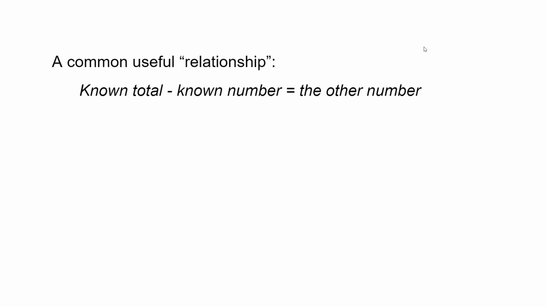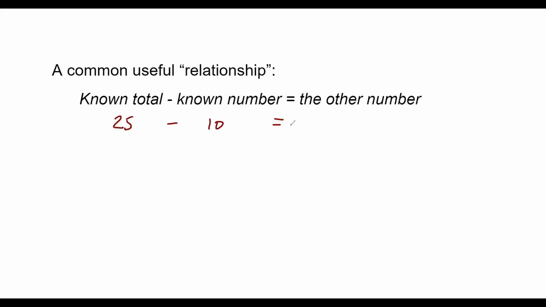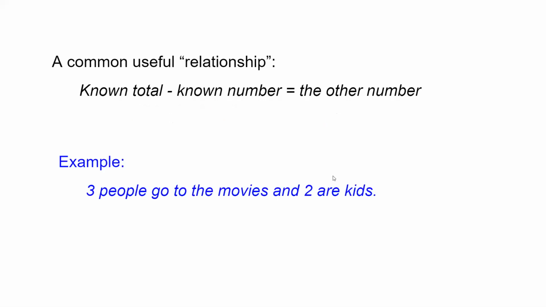For example, if we know that we have 25 coins in our pocket and we're guessing that 10 of those coins are pennies, and we know that the other coins are nickels, we can say 25 coins minus 10 pennies, there must be 15 nickels. So we know the total, we know the quantity of one item, we can figure out the quantity of the other item. Very useful.